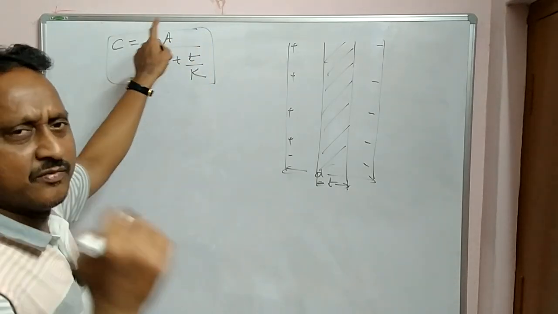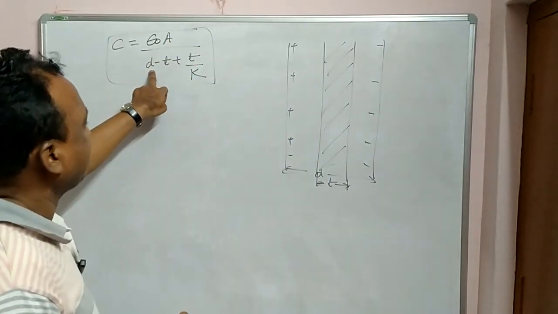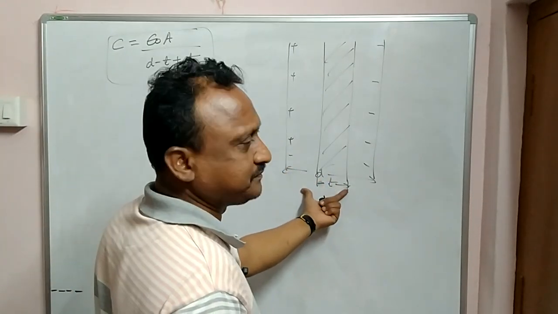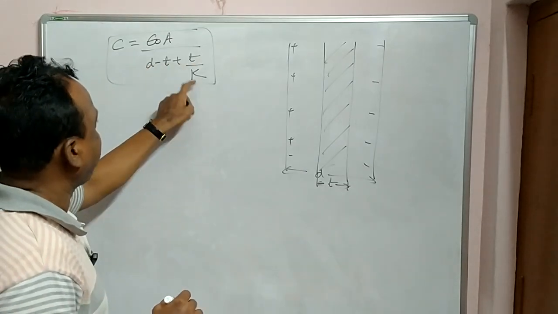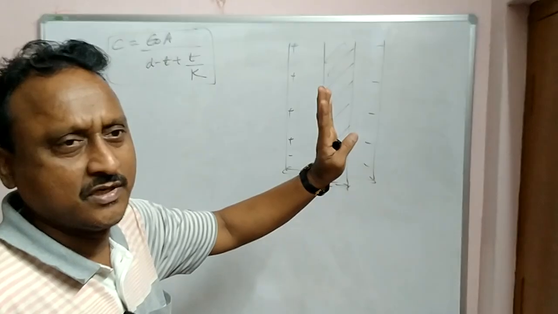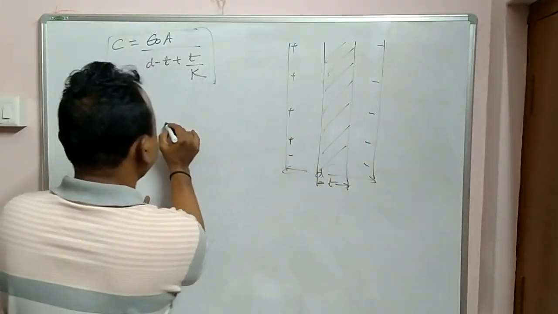Epsilon naught, you know the value, permittivity of free space, 8.85 into 10 power minus 12 coulomb square per newton meter. A is the area of the plates, d the distance between the plates, t the thickness of the glass slab between the parallel plates, so d minus t plus t by K. K is the dielectric constant of the material; it will be given. You can use this formula because all are connected like this.